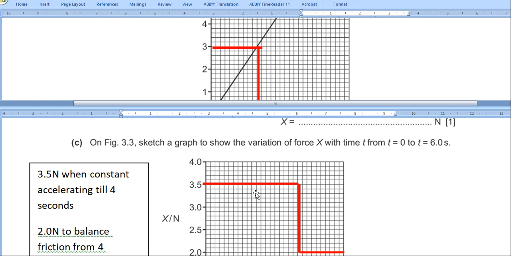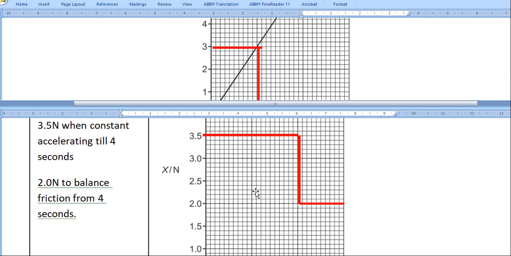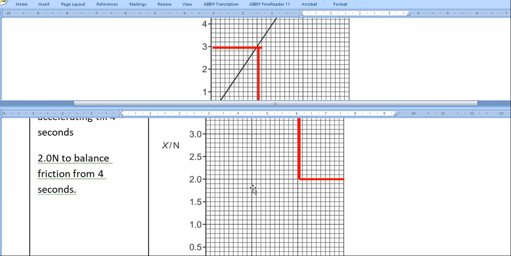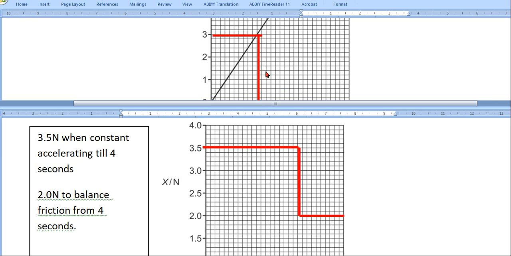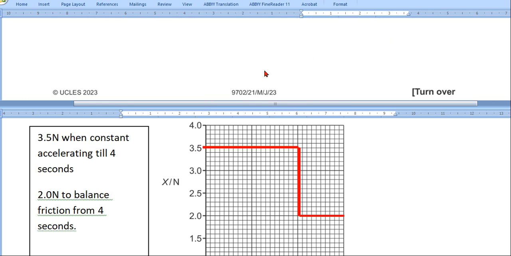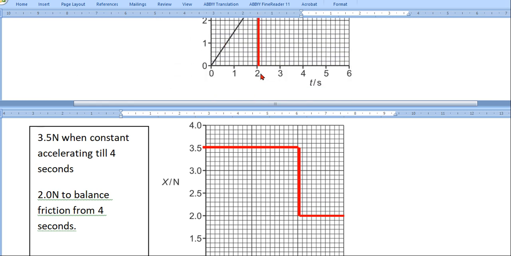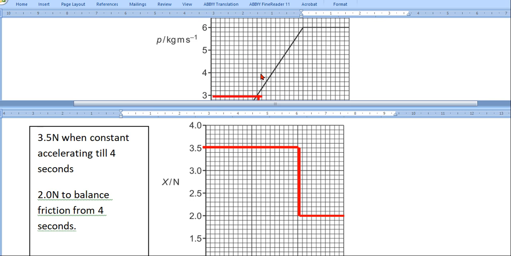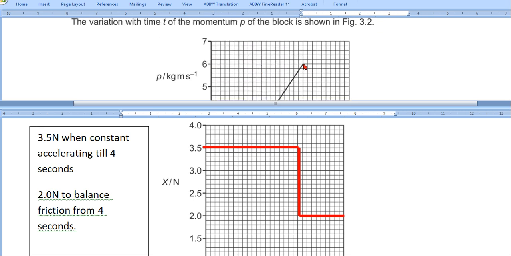On figure 3.3, sketch the graph to show the variation of force X with time from 0 to 6 seconds. So at the previous graph, we can see that till 4 seconds we have force.